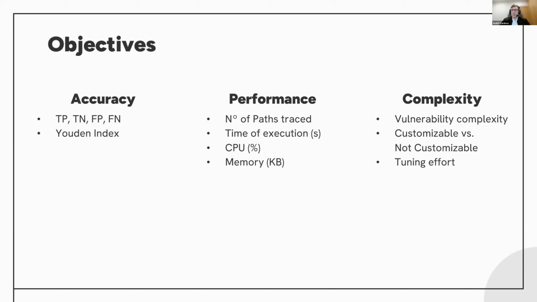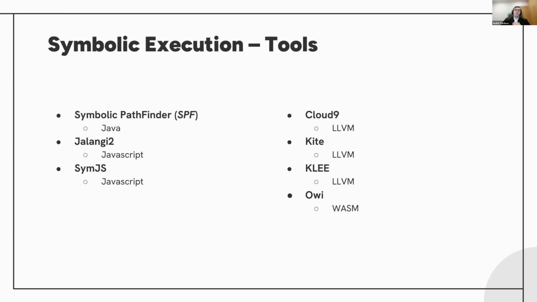Also, the complexity of the vulnerabilities that each tool is able to find or not, if the tool is customizable or not as well, and how hard it is to customize and adapt the tools to each application and to each use case.